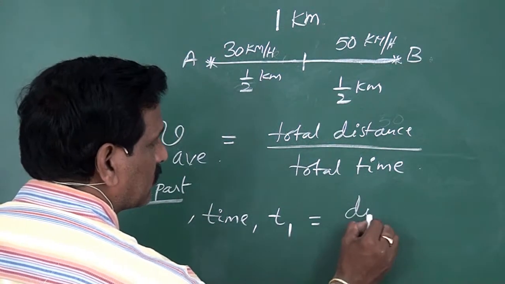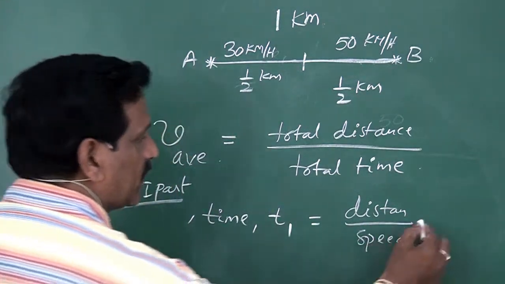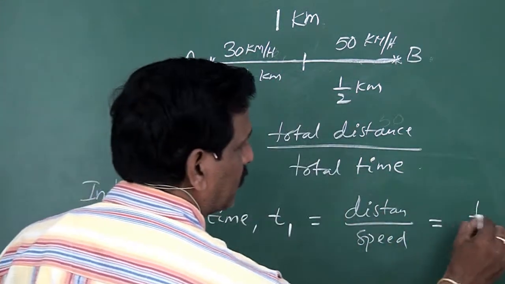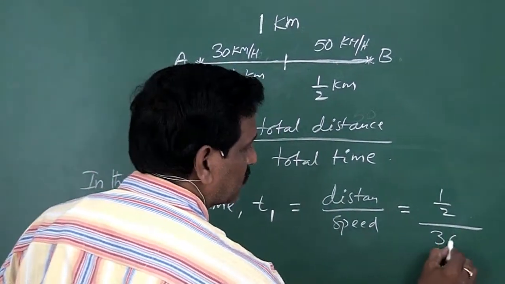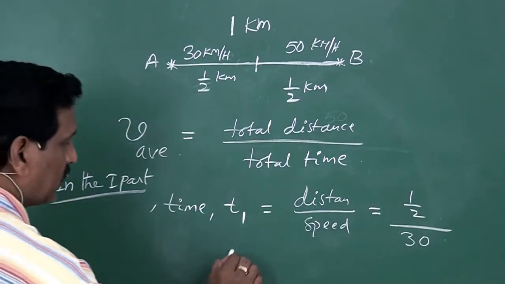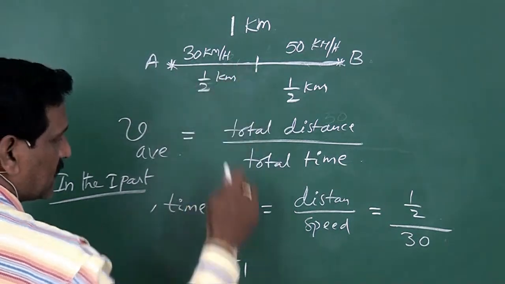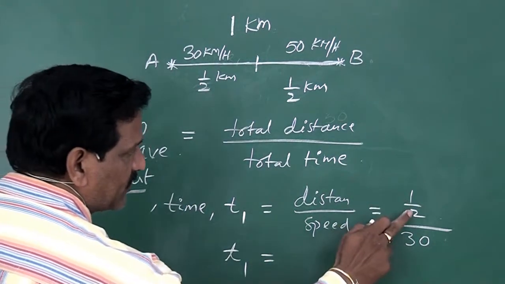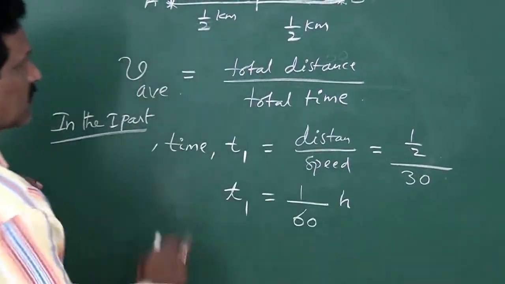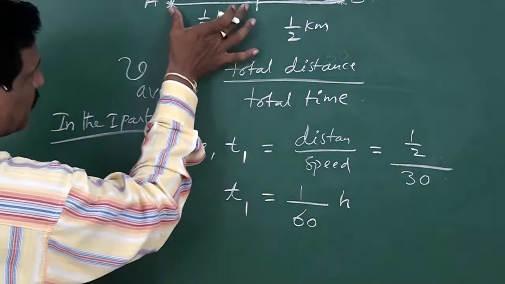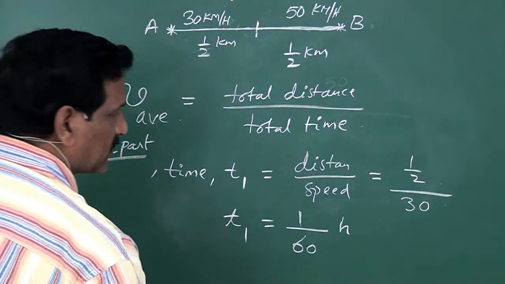So here distance is half kilometer by speed 30 kilometer per hour. Hence, in the first part, time taken to cover this half distance is T1 equal to 1 by 2 by 30, that is 1 by 60 hour, because this is kilometer per hour, then you get time in terms of hours only. So T1 equal to 1 by 60 hour.